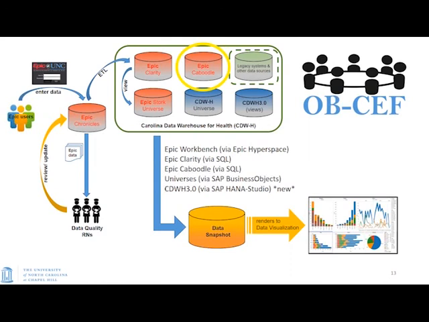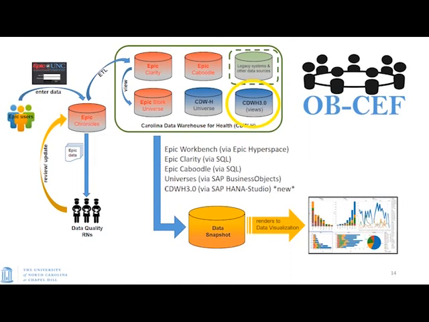So here at Epic at UNC, today is like January 27, 2020. On February 4th, 2020, they're going to basically go into production with the new element called CDWH 3.0.